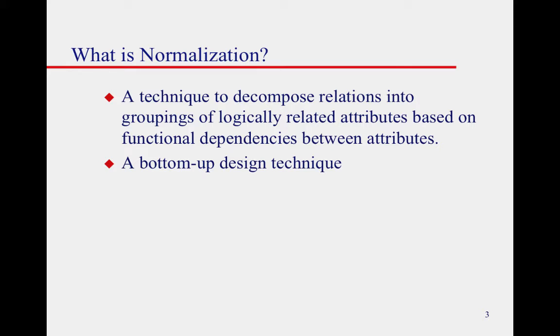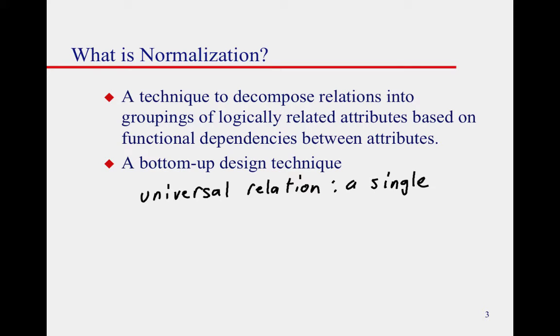And typically, in the most general sense, you go from what is called the universal relation. So the universal relation is a single relation that contains all attributes in the database that you are modeling.